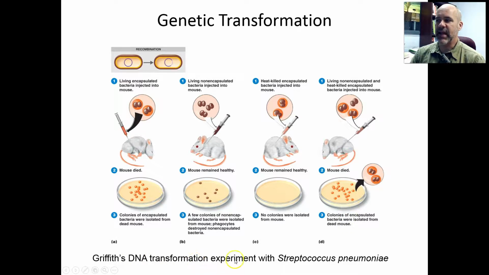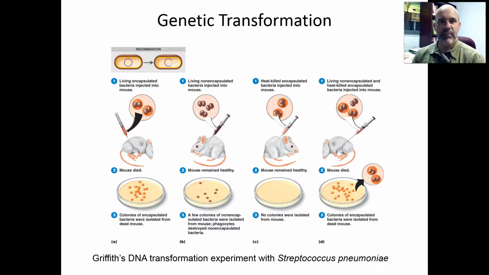So this was his DNA transformation experiment, because the only explanation was that somehow this genetic characteristic, this genetic trait of being able to make capsules, was transferred from these dead bacteria to these live non-encapsulated bacteria, and they became encapsulated, and they were able to survive and reproduce and build up their numbers in the poor little mouse, and went on to kill the mouse.